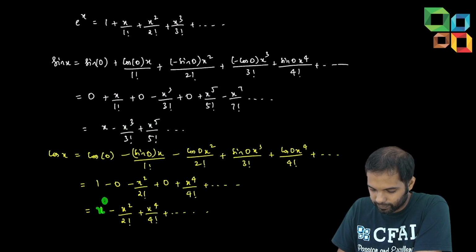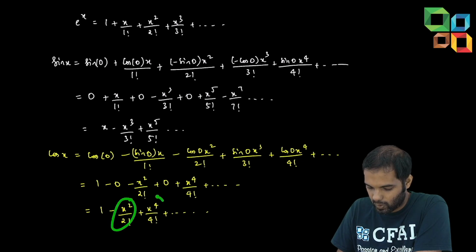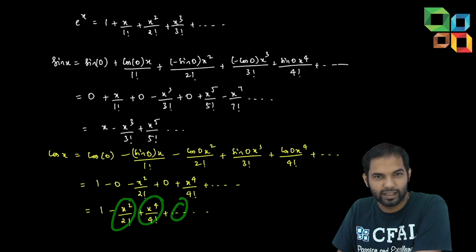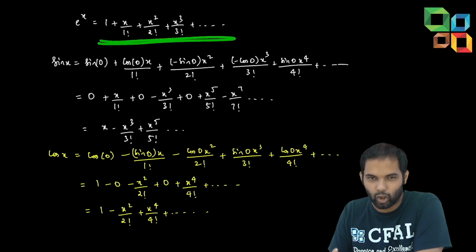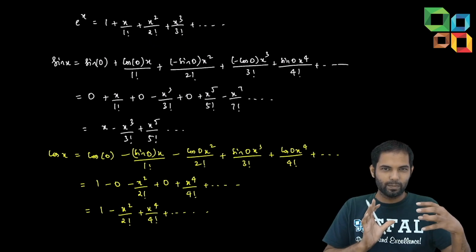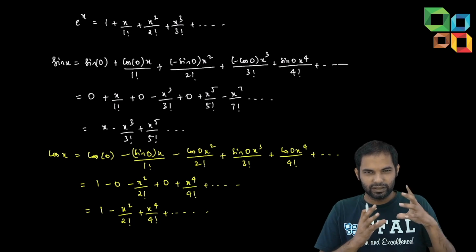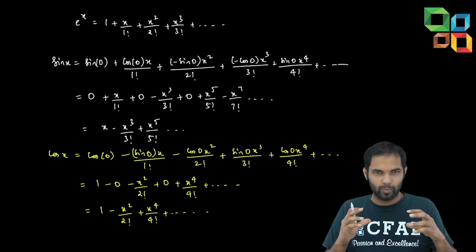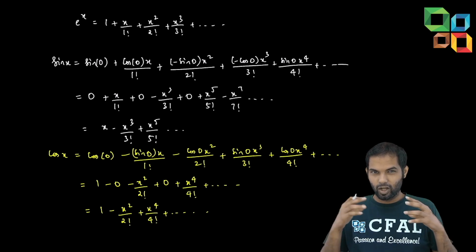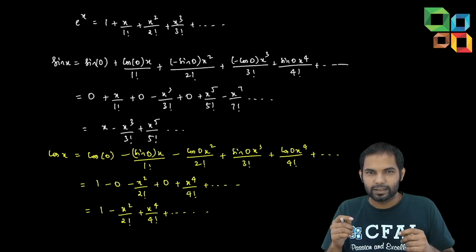This is x power 0, which is 1, x square, x power 4, x power 6 would be next, and so on. Can you see it? It takes all the terms there. If I add them somehow, we still have to figure out how to add them, they're going to fit in properly because all the powers are there. The denominator is the same. The only problem is the negative sign.